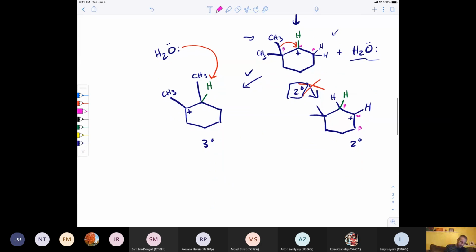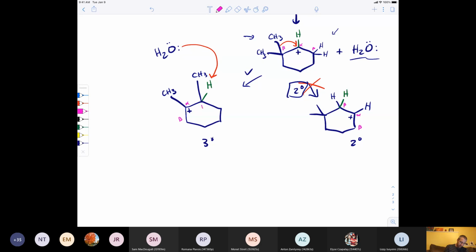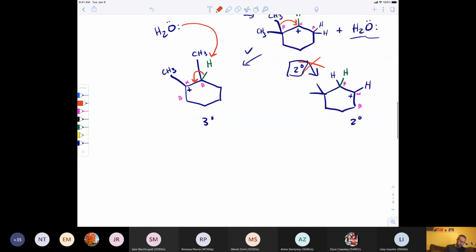Remember, this is alpha, beta, beta. Can remove that beta hydrogen just like that. And that will give us our product, methyl here, double bond.